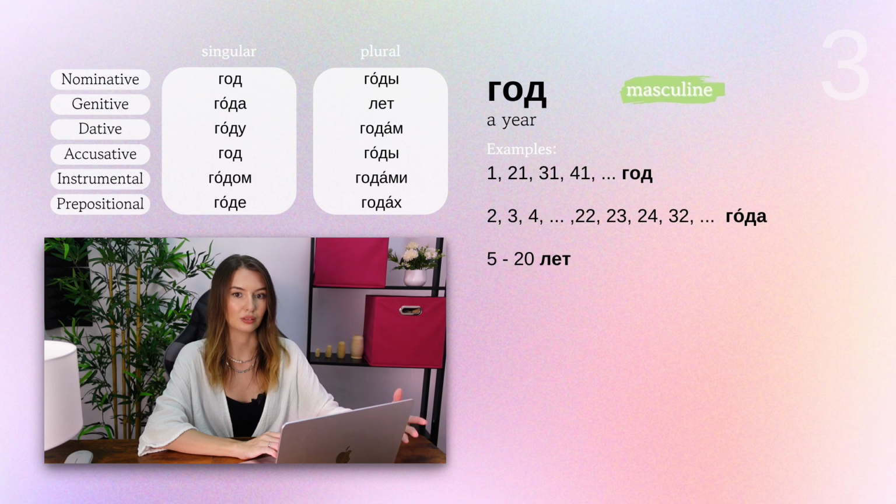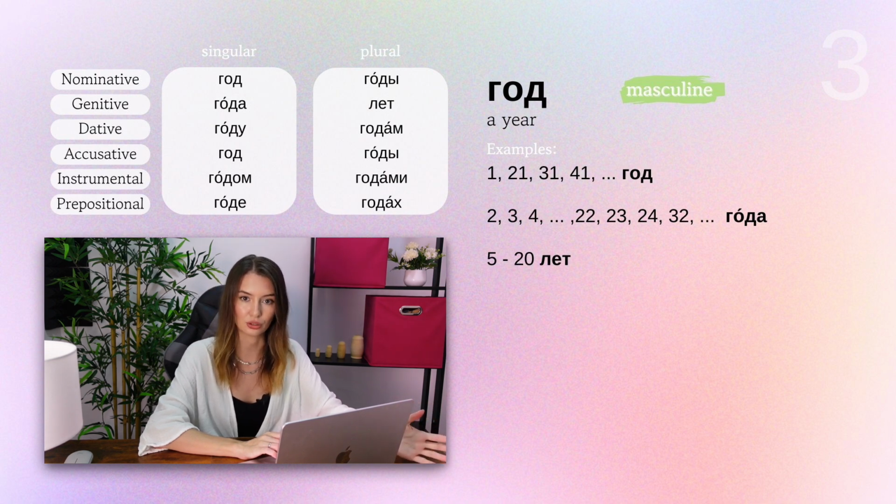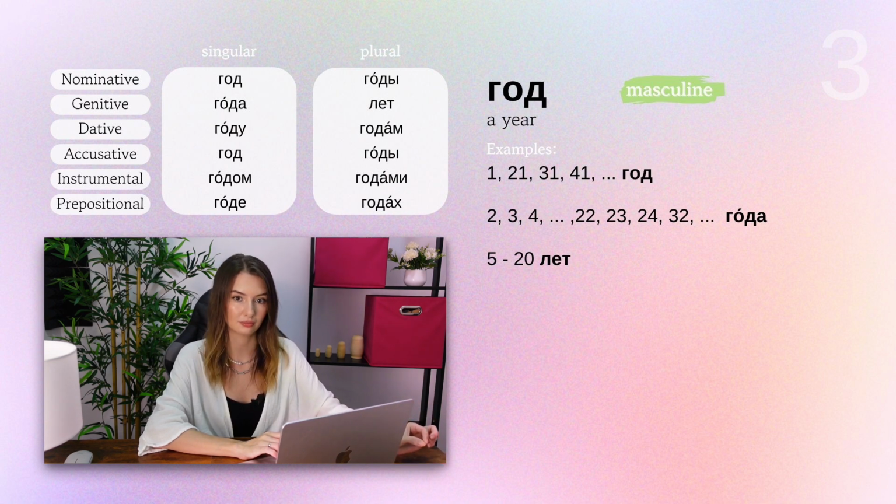Один or 21, 31, 41 год. 2, 3, 4 or 22, 23, 24 and so on года. And from 5 till 20, лет. 5 лет, 6 лет, 7 лет и так далее.